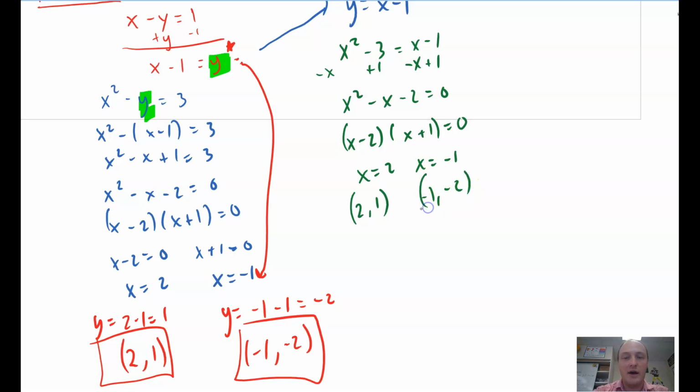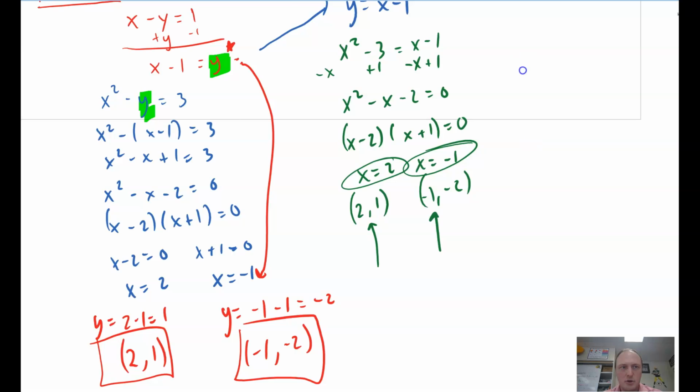And again, how did I get these points, which are the actual points of intersection? I took my x values and plugged them into our equation.